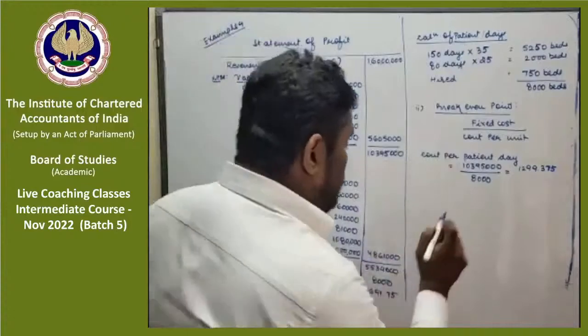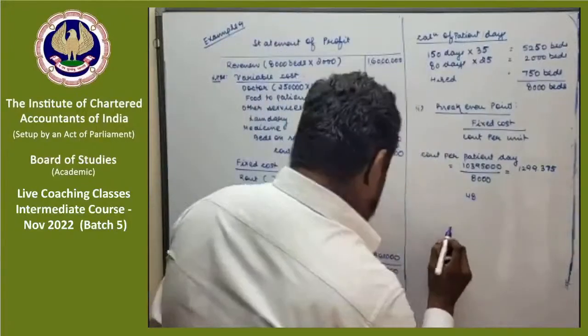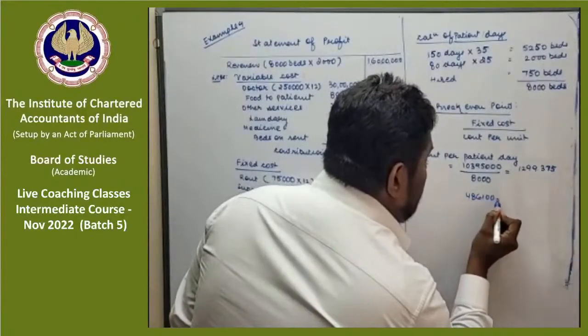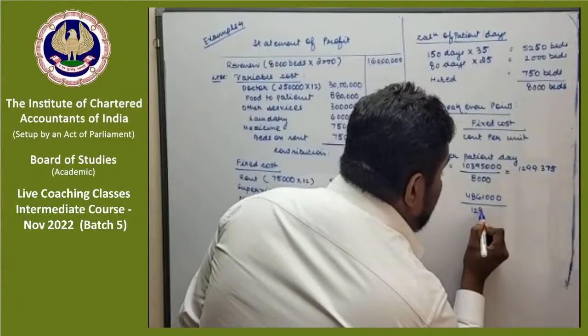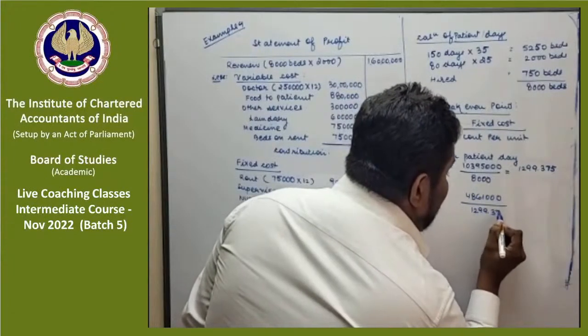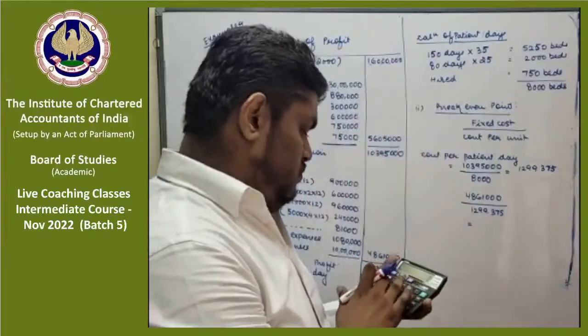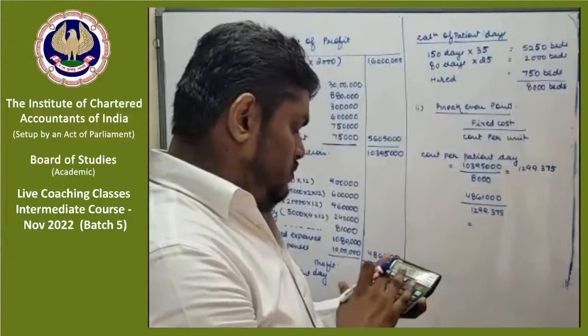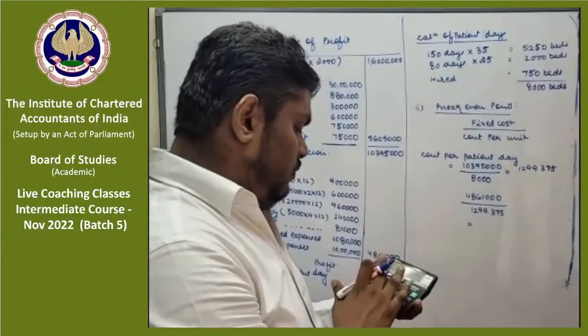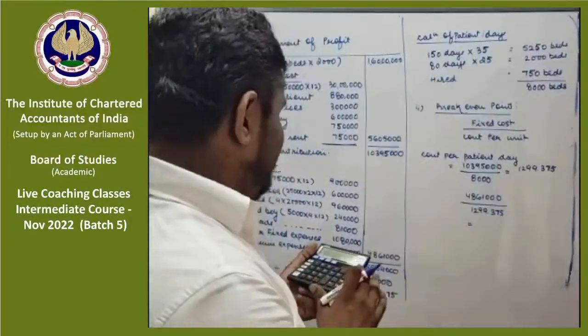So now our fixed cost is 48 lakh 61,000 divided by 1299.375. So it means 3741.